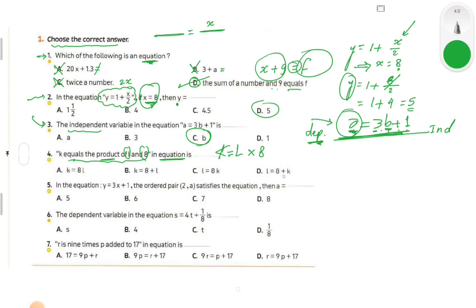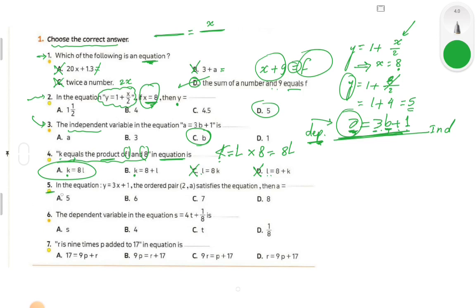Is it L equals or k equals? K equals. L equals, no. K equals 8 plus L or 8L? We know that L by 8 equals 8L. That means I have 8 L. Now L by 8 means 8 by L or 8L. Now this is the correct choice.